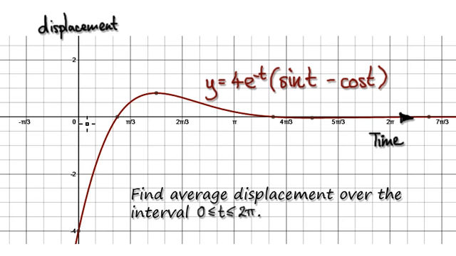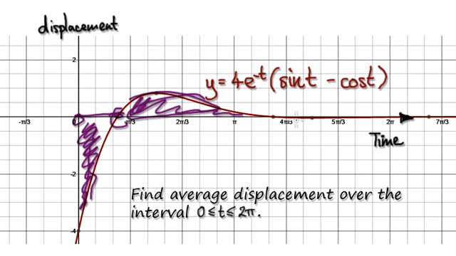Okay, looking at this, you can see that from here to here, it spends a lot of time in the negative realm. From here to here, it spends quite a lot of time in the positive realm. And then here, you've got a small amount in the negative and maybe in the positive up here.